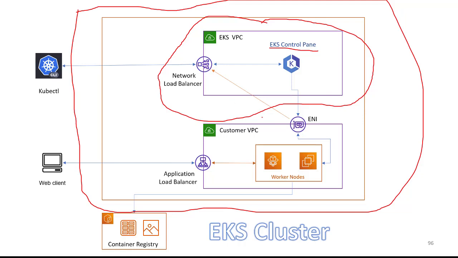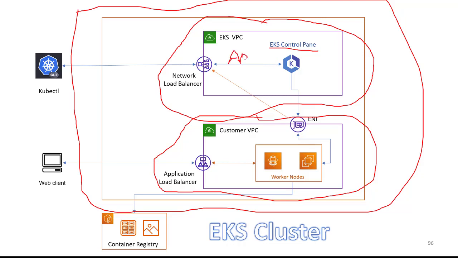And second, we have the worker nodes, where your EC2 instances or Fargate will be running. The control plane manages all the activities, like when you want to scale up, run a new deployment, or run a service. The Kubernetes API will be running here on the control plane.